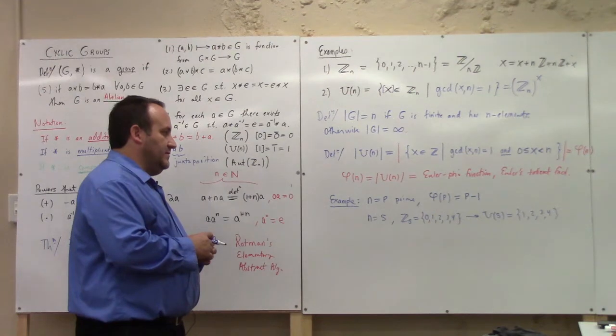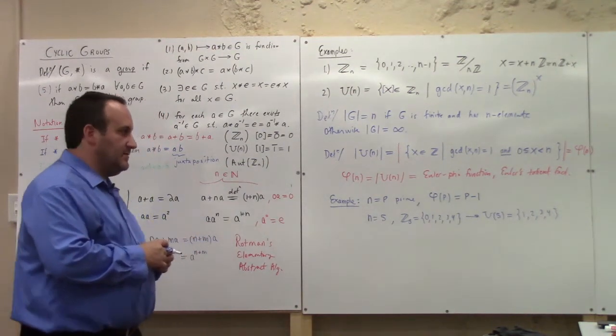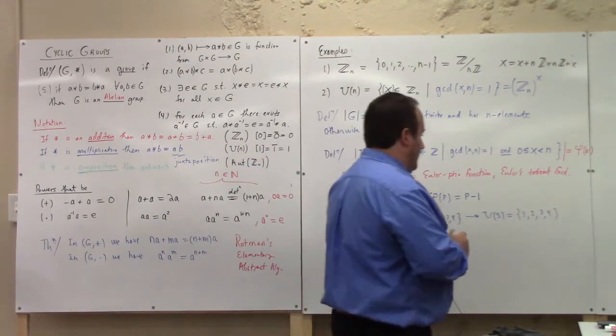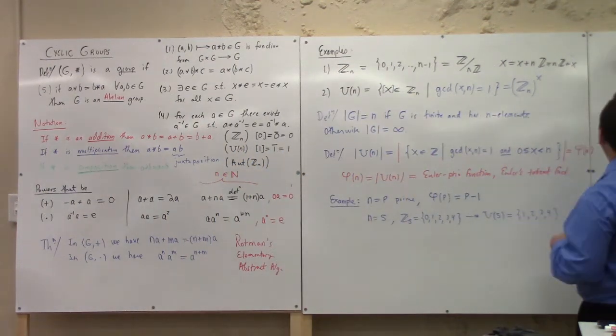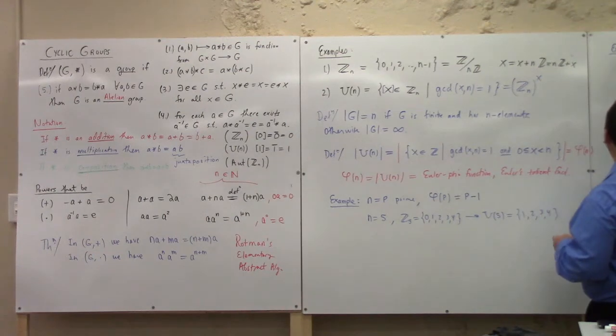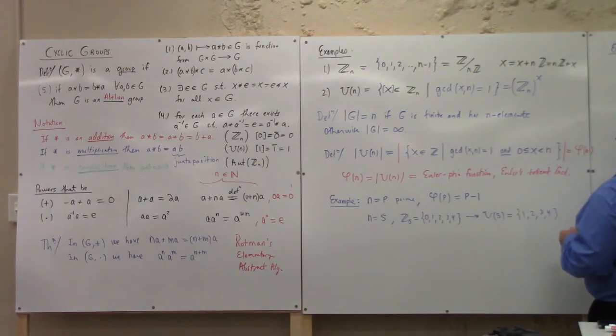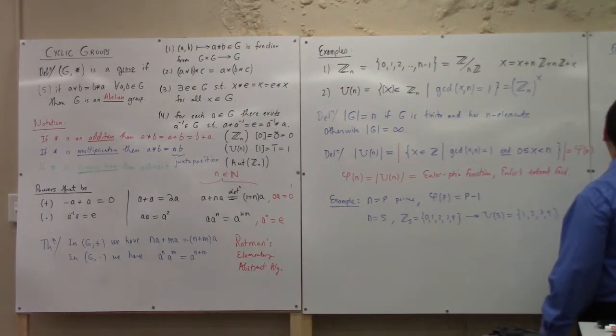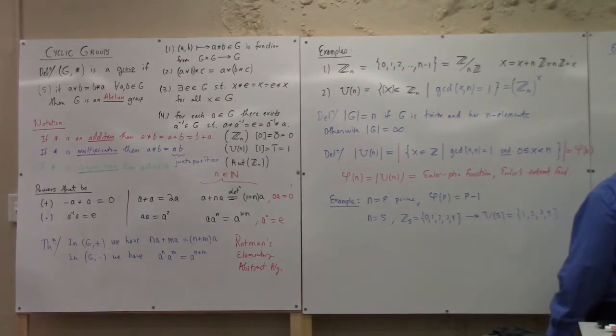How about a prime squared? What would we get then? Next example here. How about phi of 25? Oh, let's say something simpler. 9. That's phi of 3 squared. So what does Z9 have? You've got your 0, 1, 2, 3, 4, 5, 6, 7, 8.